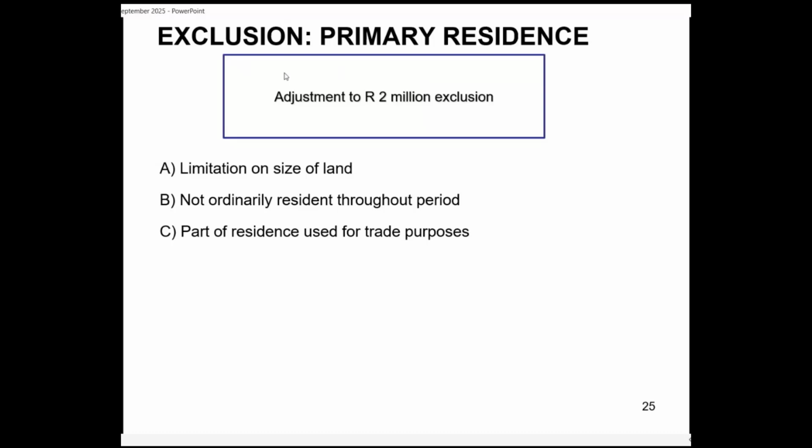So we have an exclusion of 2 million. The adjustments to the 2 million exclusion are the limitation on the size of the land, not ordinary resident throughout the period, and part of the residence used for trade purposes.